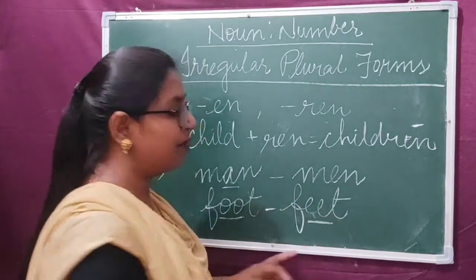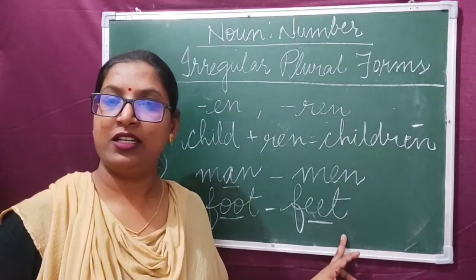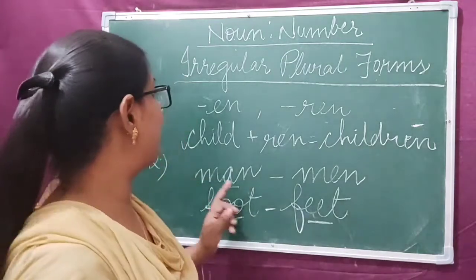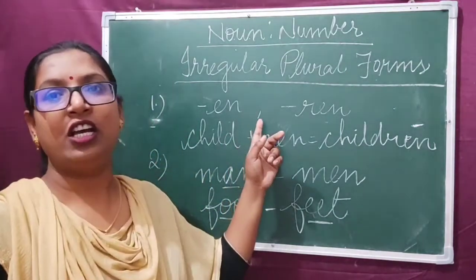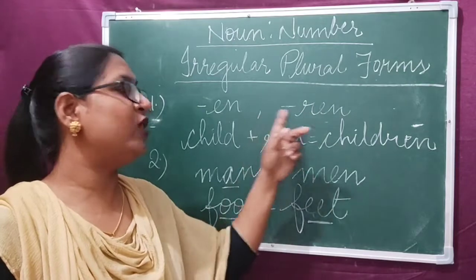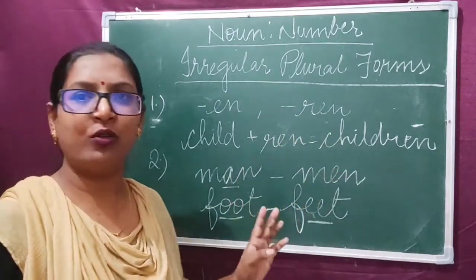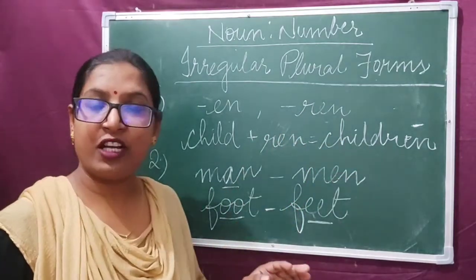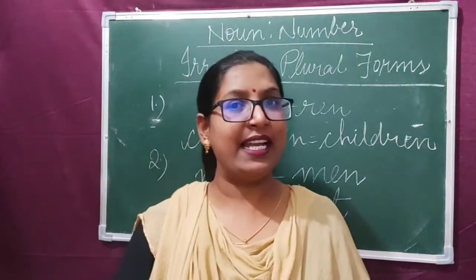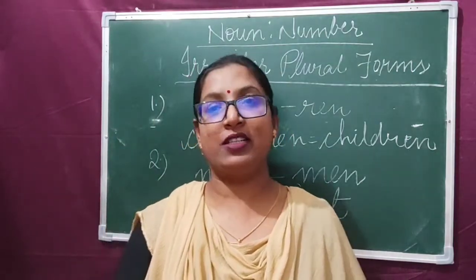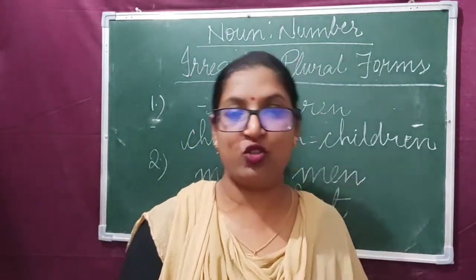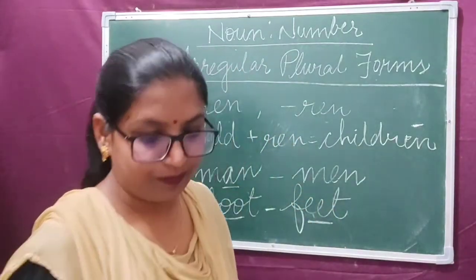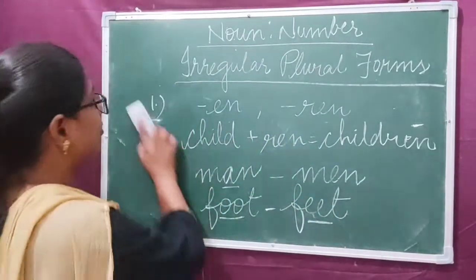What is the plural form? Feet. Clear? First rule we studied: with some of the nouns we add en or ren to make the plural. Second one is we do not add anything with some of the words, but the inside vowel is changed to make the plural form. Now let's see rule number 3.